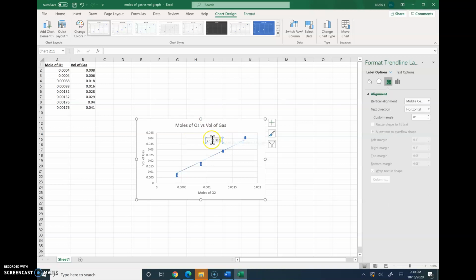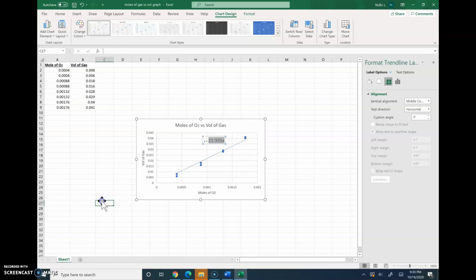This equation has your slope. Remember, using y equals mx plus b, m is going to be your slope, or you can do y2 minus y1 over x2 minus x1. Let me change the size on this to at least 14 so that I can read the number.